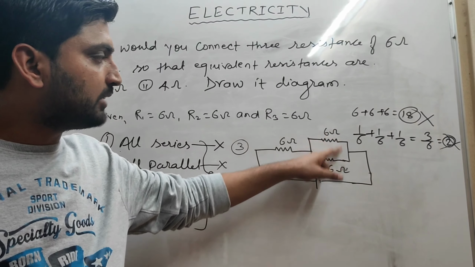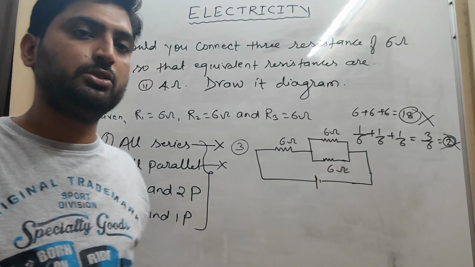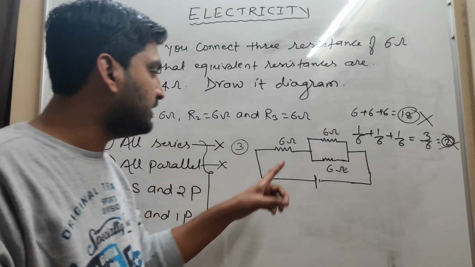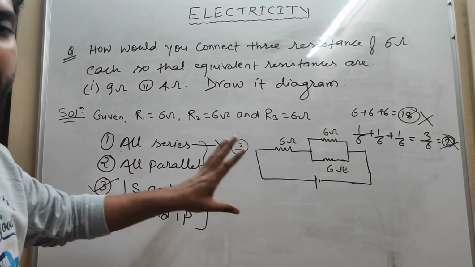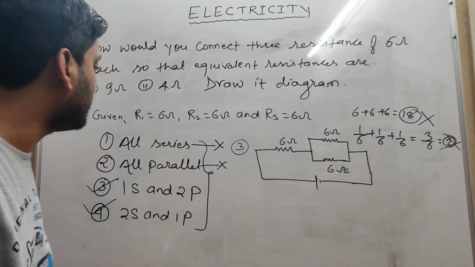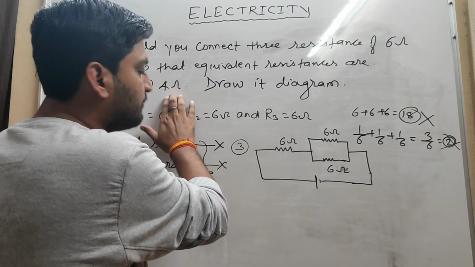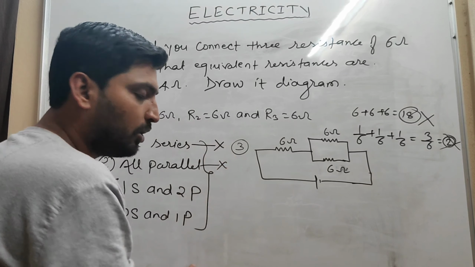These two 6 ohms are in parallel and this 6 ohm is in series with the equivalent of these two 6 ohms. As we solve it, we will get either 4 or 9. I don't know which we are going to get, but it is compulsory that we will get either 4 or 9 because we have only 2 options left.